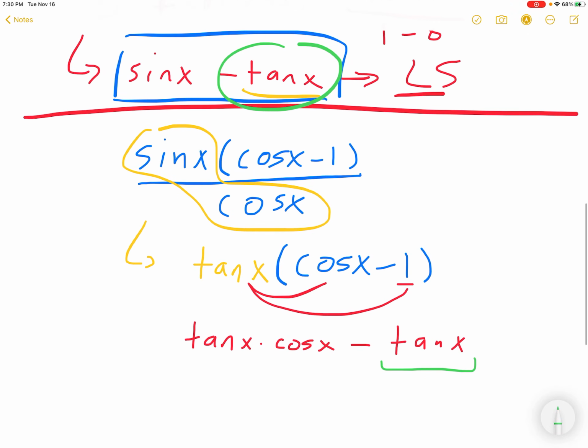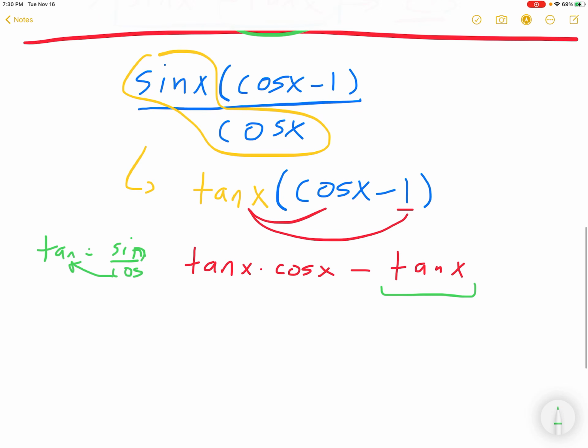Now this tan x times cos x, if you remember that tan is equal to sine over cosine, well, if you isolate for sine, we would cross multiply the cosine, and tan times cos would equal sine.